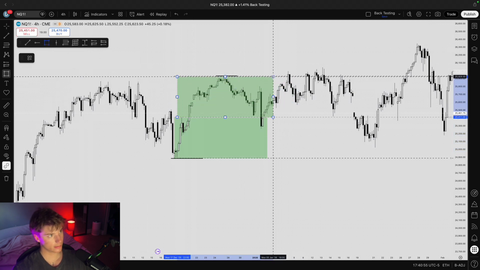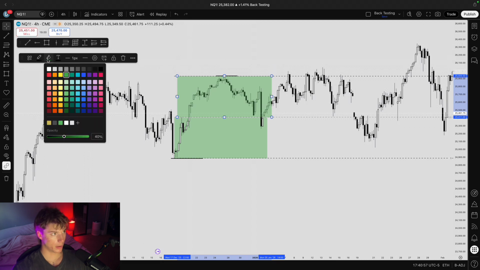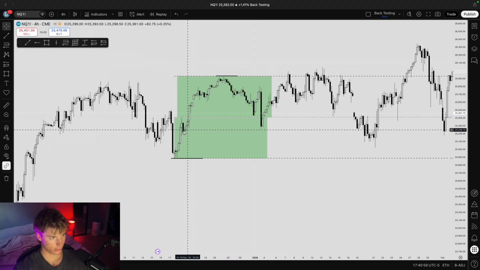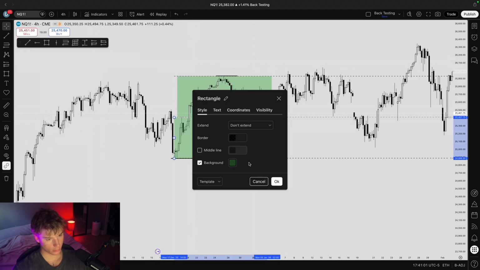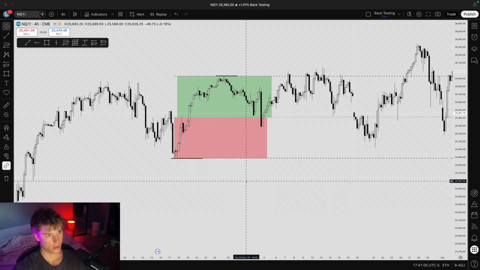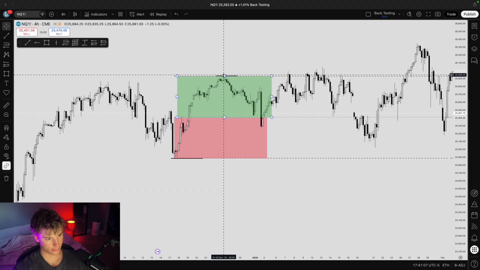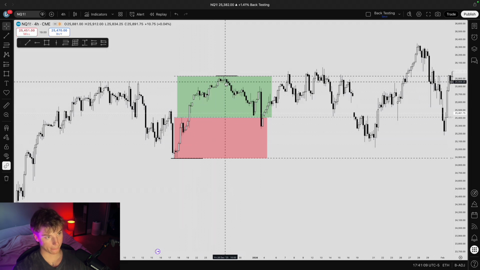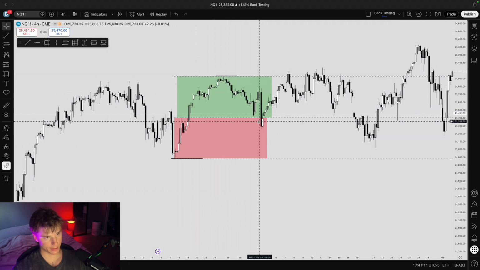So once price is in a discount, that's where the banks can fill their sell orders and go long. Okay, so right here, swing low, swing high, this is a dealing range, okay? Wait for price to come into a premium, right?